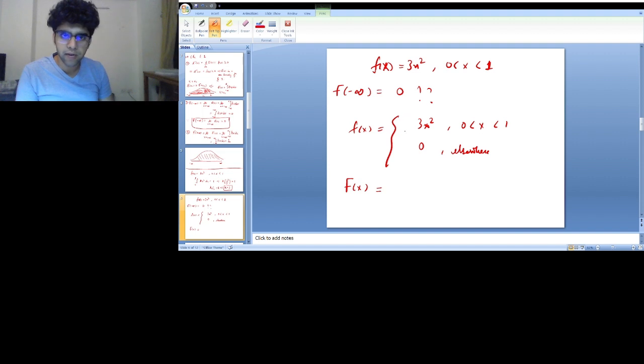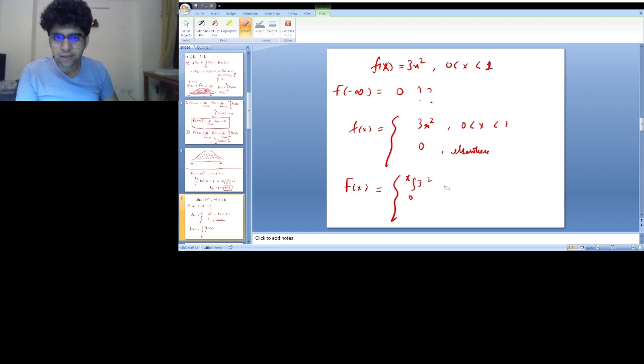Now my CDF will be, if my PDF is 3x square, I just need to integrate this, right? So integrating 3x square dx over 0, because 0 is my lower limit, to any point x. So let me just write this as 3t square, right? This will be easier then.